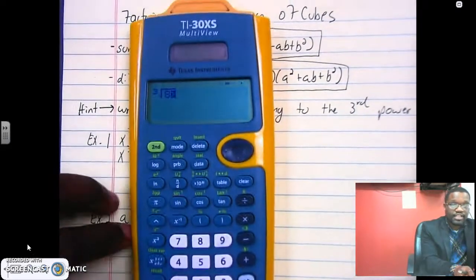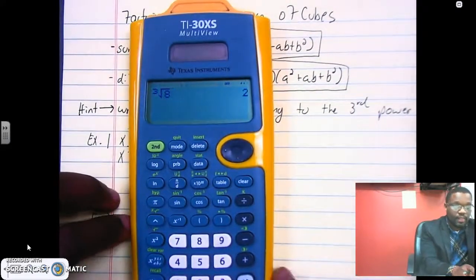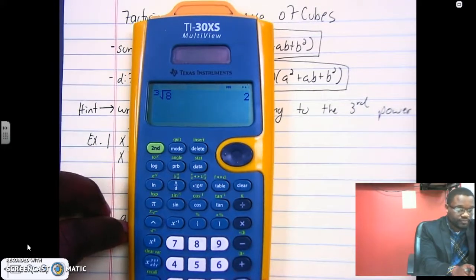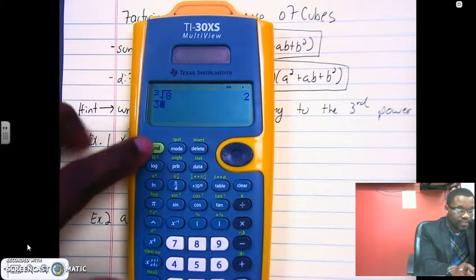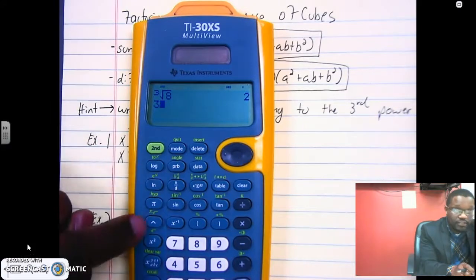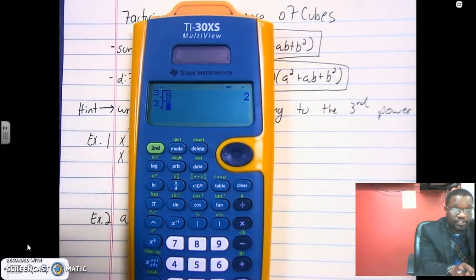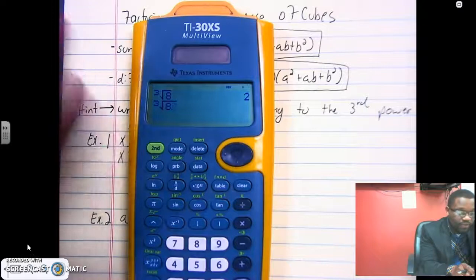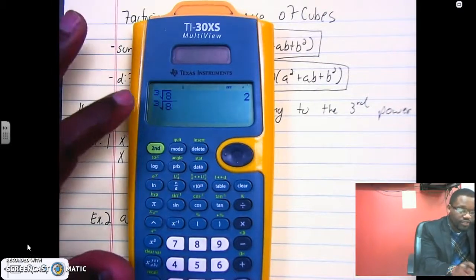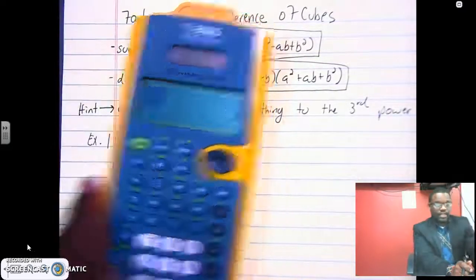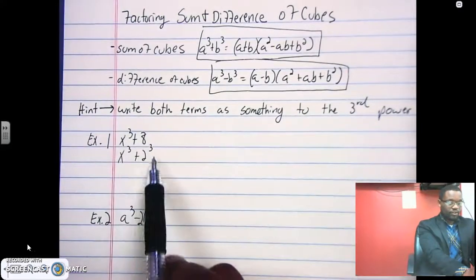Now, just in case you didn't see how I did that, you would hit 3, then function this button here. That turns it into a cube root of 8. And whatever number you want to see, if it's a cube root, if you get a whole number, then you know it is. And so that's how I wrote 2 to the third power.